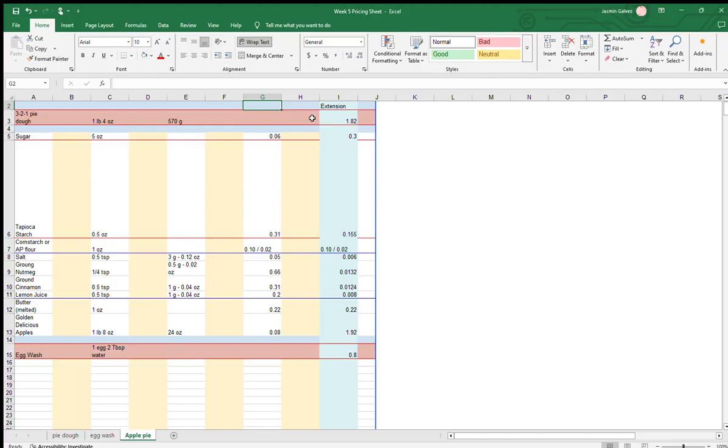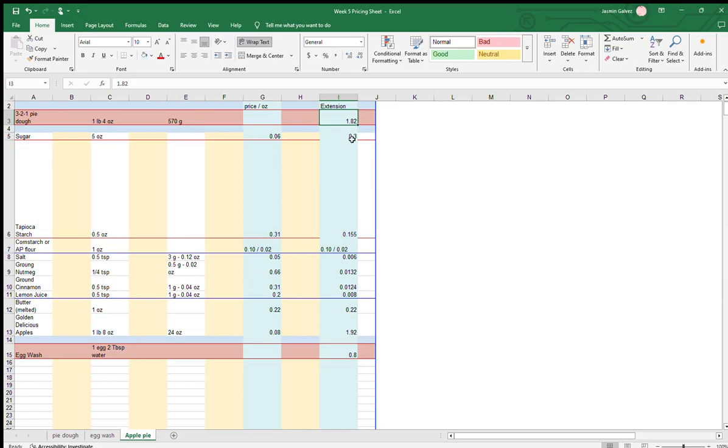And these are all price per ounce. Alrighty, now you can see it better. So for the extension, we got overall $1.82 for the apple pie dough.